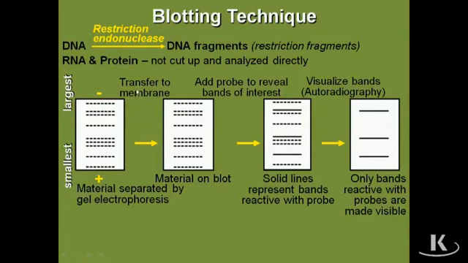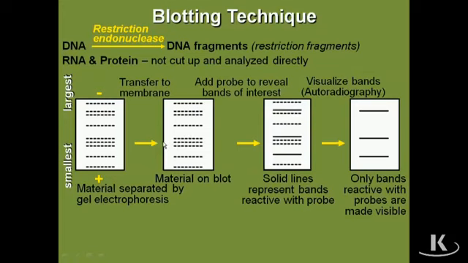The next step then is to transfer or blot this to some sort of membrane, because we can't work with the messy agarose or polyacrylamide gel. We have to transfer this to a membrane, usually made out of nylon or nitrocellulose, some sort of solid, stable material that the DNA, through capillary action, will move over to this blot.